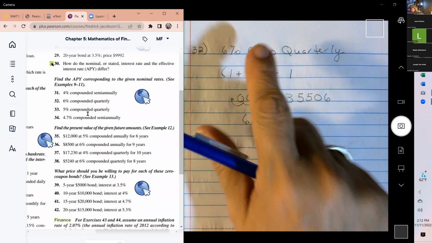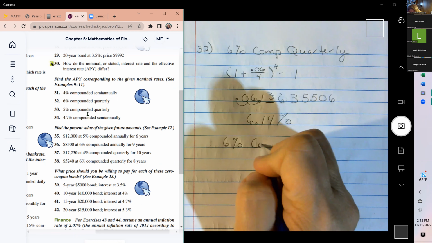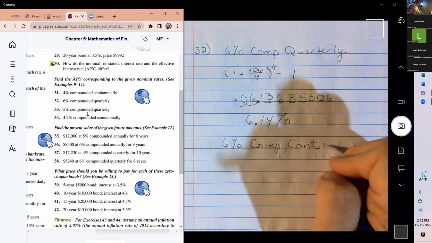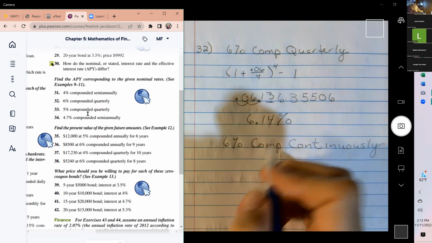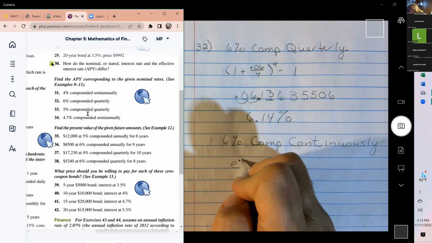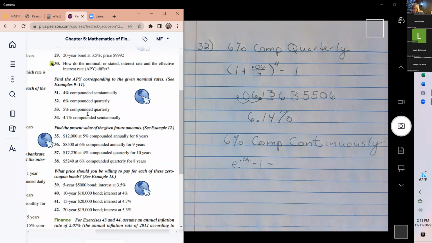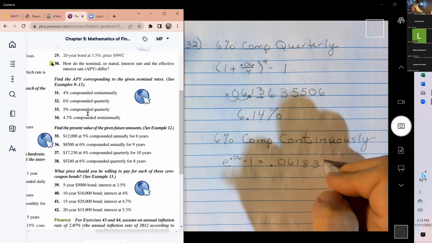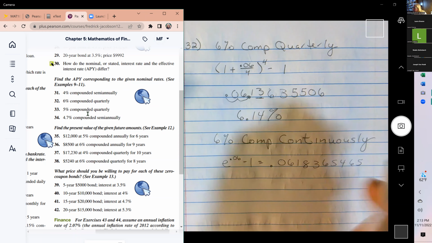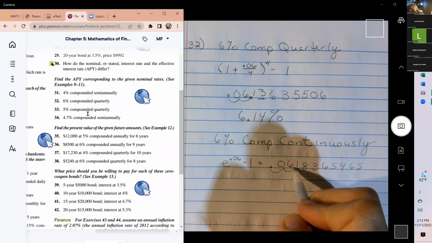Okay, go ahead and find 6% compounded continuously. 0.06183654 here.